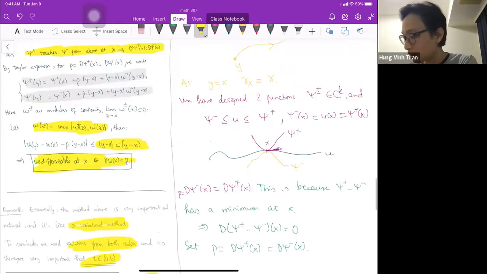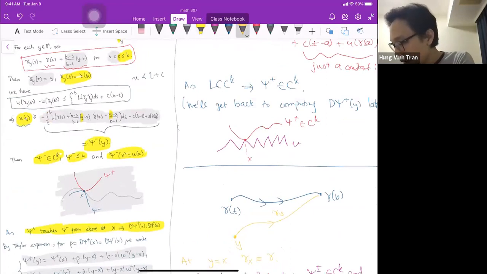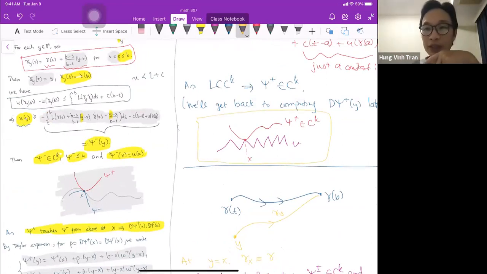For example, in this picture that I drew here, if u is a zigzag function, it's not differentiable at that corner from above, but you can still touch it from above by a smooth function.